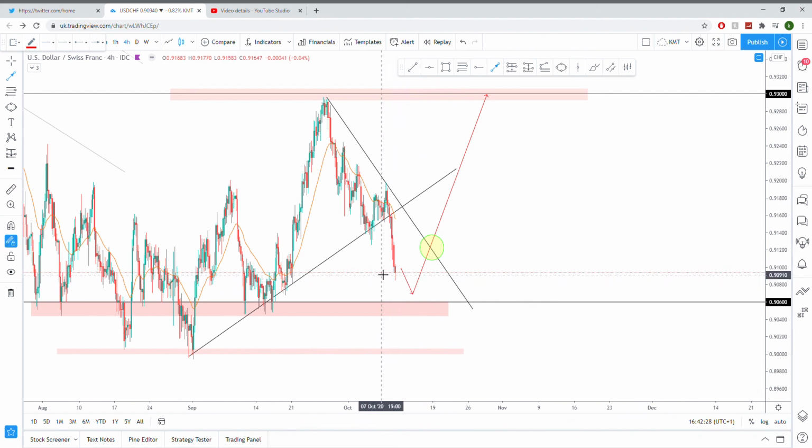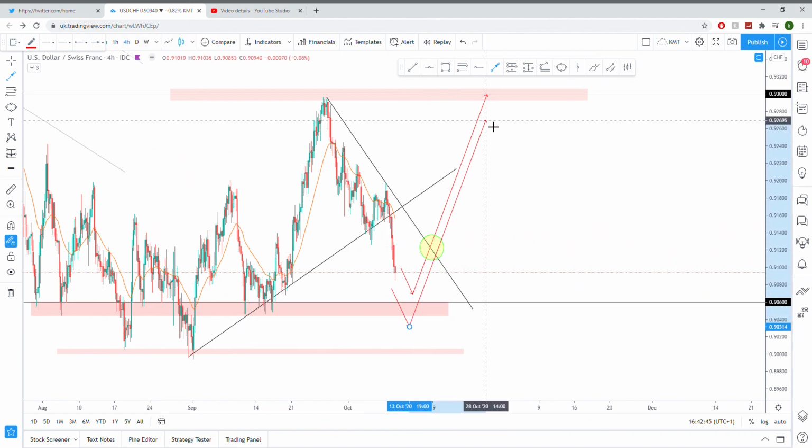So again, my idea behind this pair is that we are going to go long, and I'll be thinking to aim for 0.93. But again, guys, all I'm saying is if we do go lower than this zone, I'm going to be pre-warned.